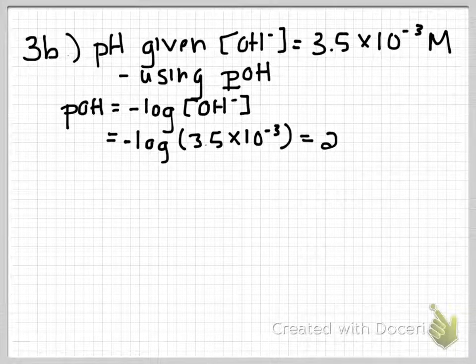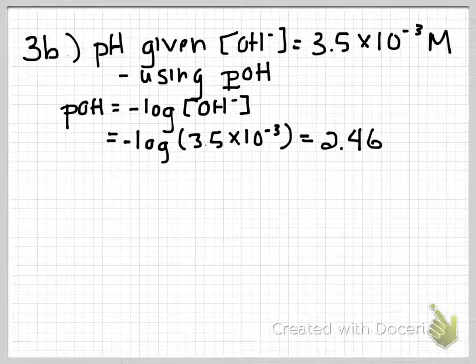I get 2.46. Don't stop there. That is not the answer. And I promise you, if you were asked this question on a multiple choice, this will be sitting there, asking and begging for you to choose it. But you will know better, and you will keep going to finish up the problem.